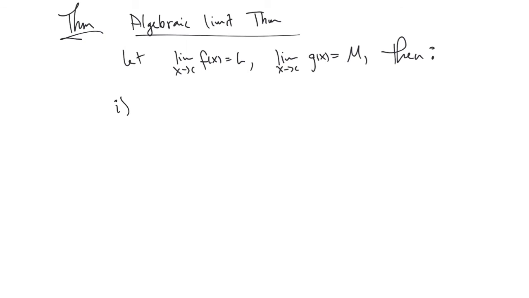Number 1 is, these are just the same. If you look back in your notes from like a month ago, you will see the same rules for sequences. The limit as x goes to c of k times f of x equals kL for any real number k. So this one says if you multiply a function by a constant, the limit of that function is the constant times whatever the limit is.